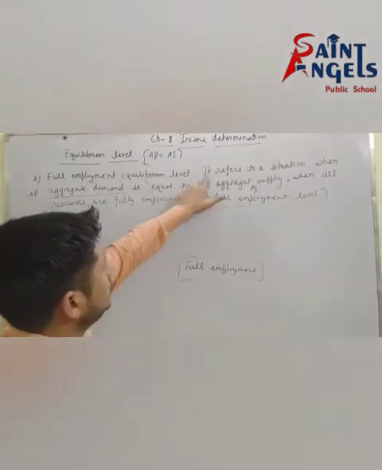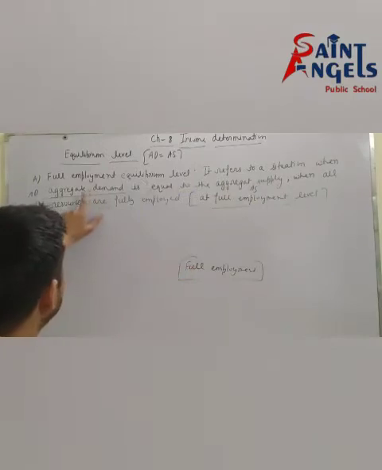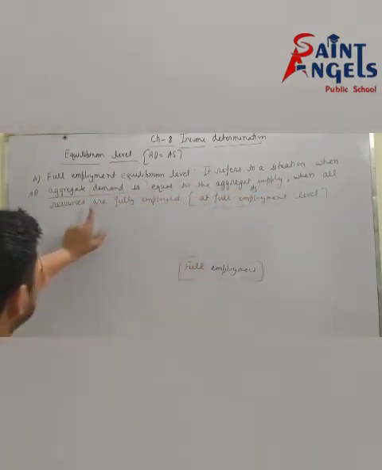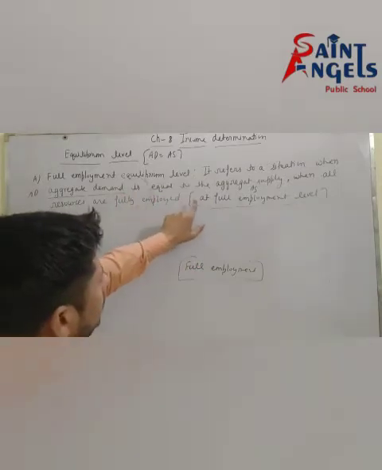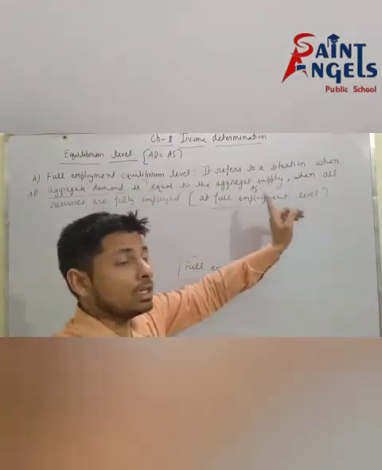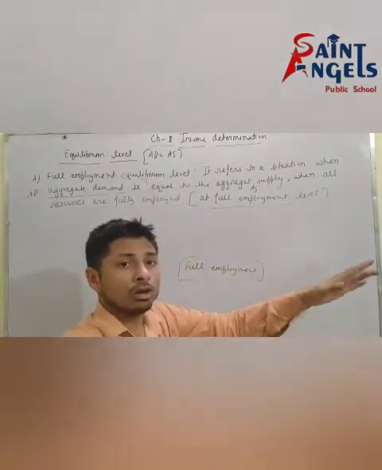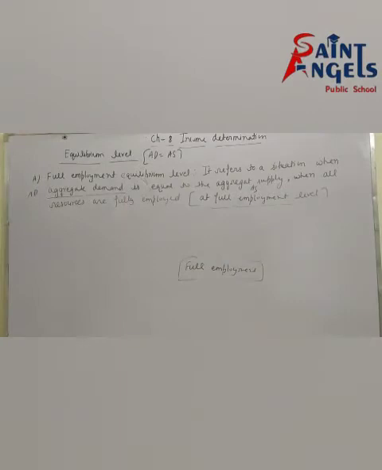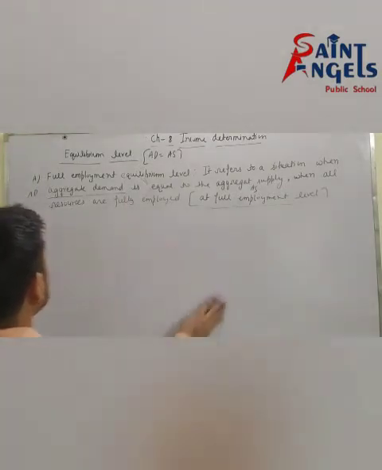It refers to a situation when AD is equal to AS when all resources are fully employed, means at full employment level. This is the definition of full employment equilibrium level.